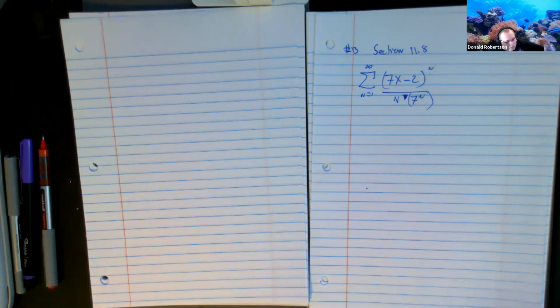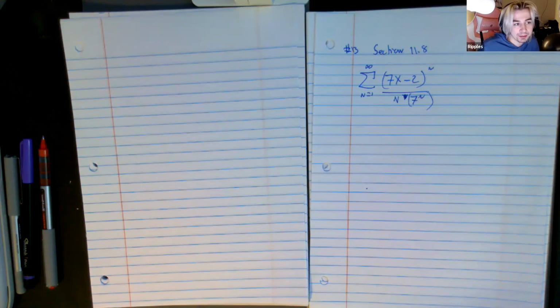Radius and interval of convergence, I'm guessing, but I don't know. I'm double checking real quick, because I somehow managed to solve the problem, but I was completely lost on how to do it. Okay, we can show you.